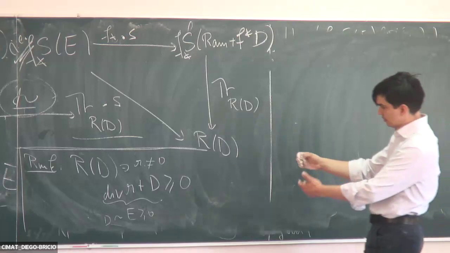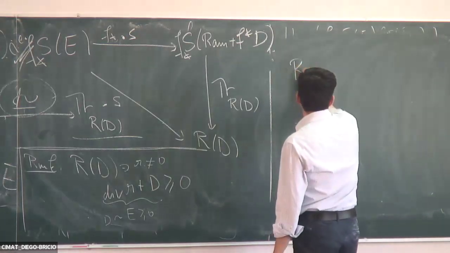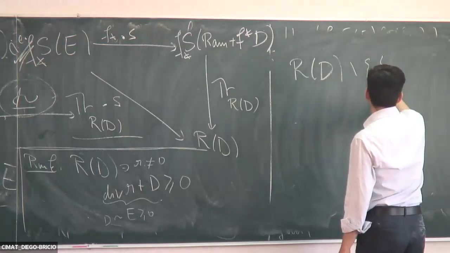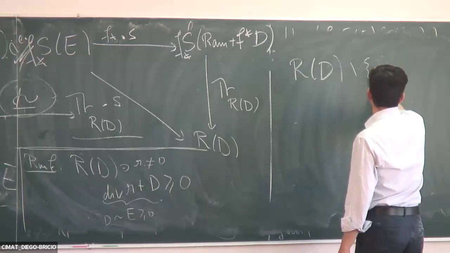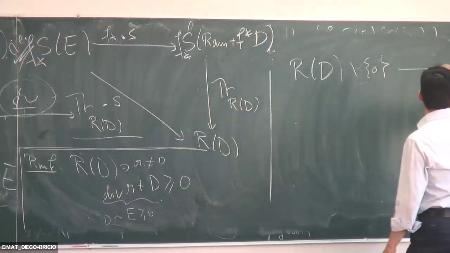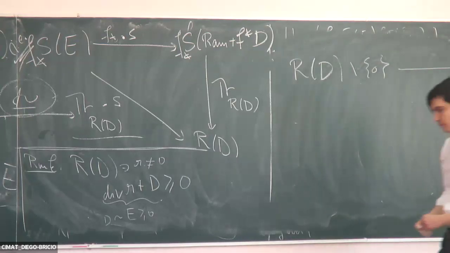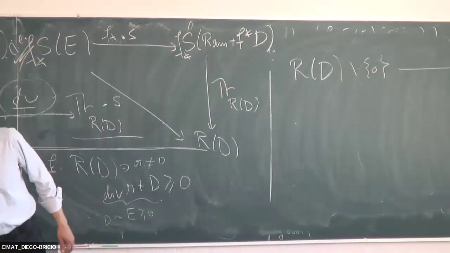I think that if I take a non-zero element here, I can define what I'm going to call the linear system of D, which are all the effective divisors that are linearly equivalent to D. By definition.